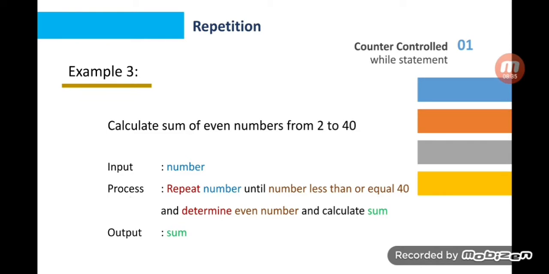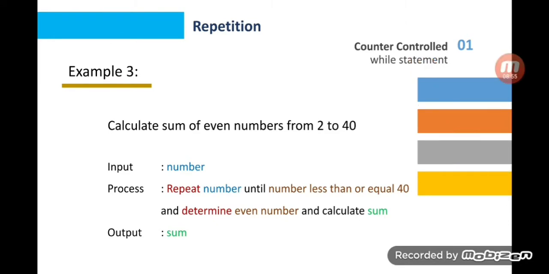Then process, okay, repeat number until number equal to 40. Okay, and determine even number and calculate sum.